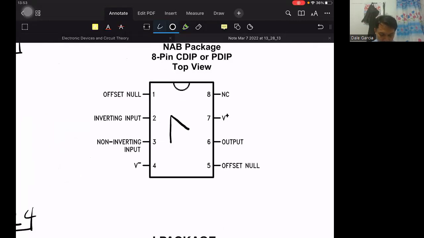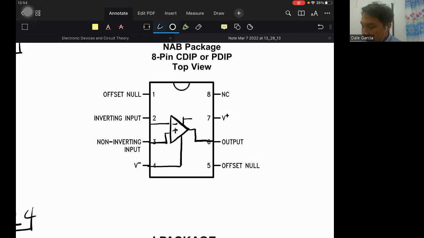So our op-amp, we superimpose the schematic symbols on the op-amp, so it becomes like this. Output is pin 6. Usually what we need is where the inputs are and where the output is, but now let's consider where the sources are. Connect the negative VCC to pin 4 and the positive VCC to pin 7.